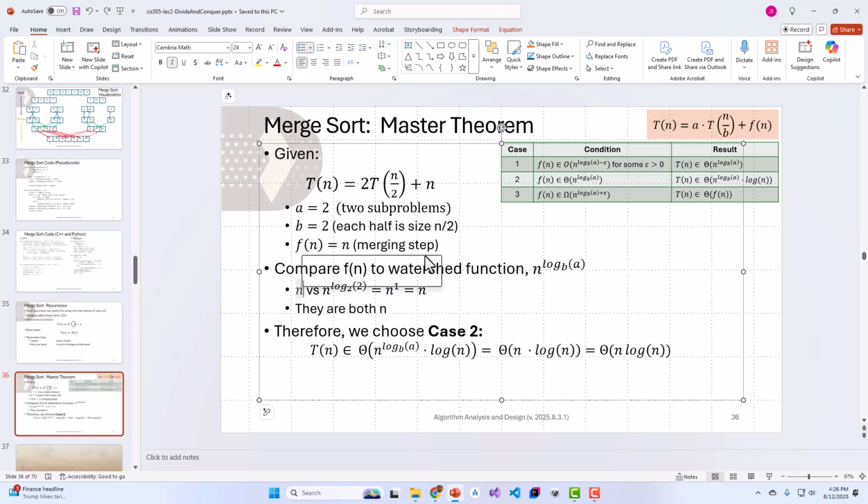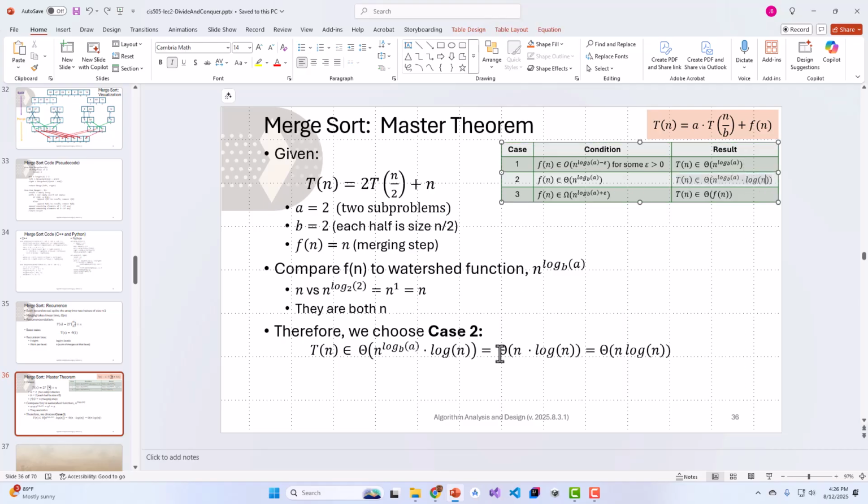And the f of n is n, right? From earlier, we found that out, versus our log base b, which is 2, of a, which is also 2. So log base 2 of 2, and we saw that earlier, that's n to the power 1, or 1. These are both n. So since they're both exactly the same, which one do we use? We use this one. Okay, so this ends up being the solution, the result.